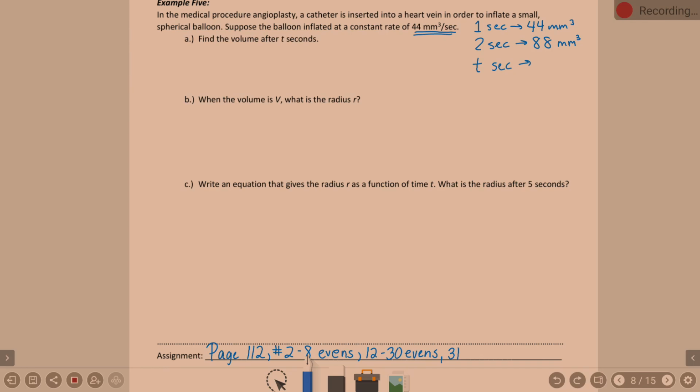We don't even necessarily need a label, but the idea is after t seconds, it is 44 times t. So yes, the volume after t seconds is 44t because it's 44 cubic millimeters per second. And I'm using what I know that volume has a cubic label. And I see a cubic label, so that's shouting out to me, I'm volume, okay?